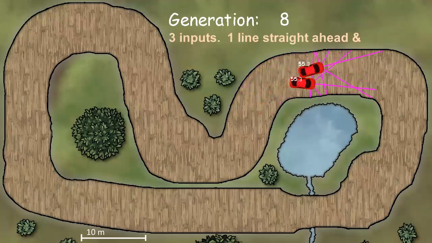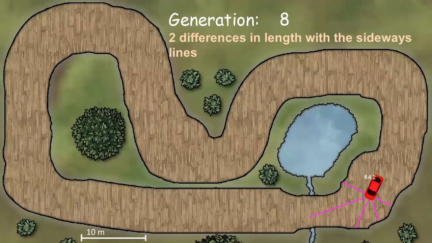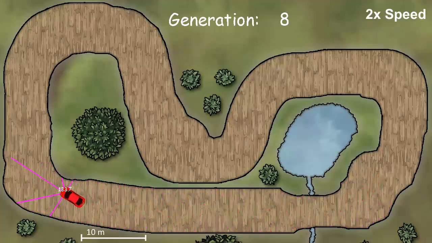Now here's what I'm using for inputs. Like I said, we have 2 outputs and 3 inputs. I have 5 lines. The lines measure the length from the car to the side until it hits one of the barriers. But instead of keeping all 5 lines, the line directly in front of it gets put in as its length as is.